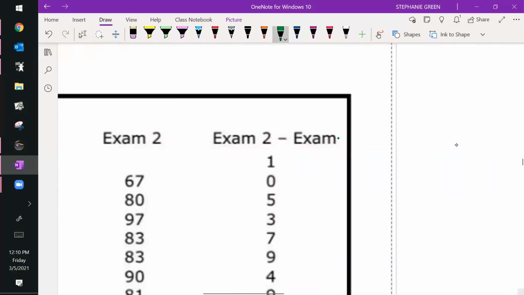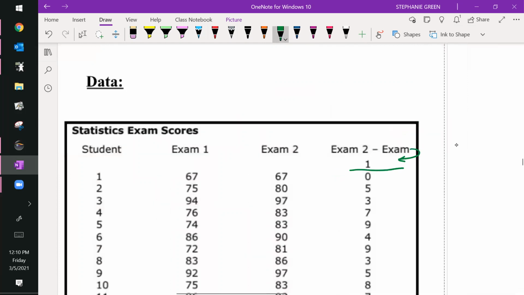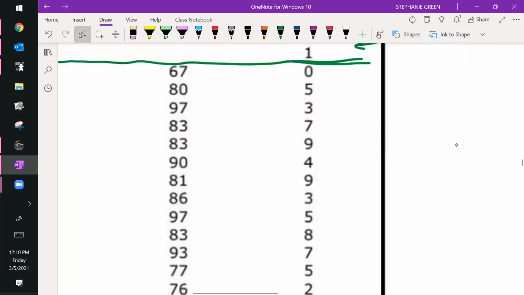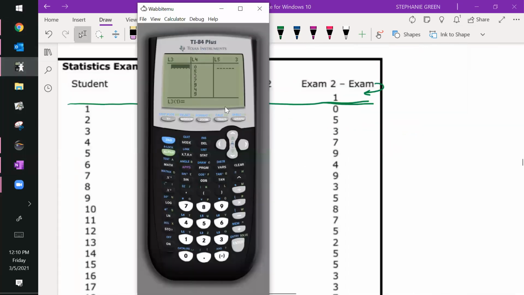It's exam 2 minus exam 1. That's not a data point, and that got a little confusing. What tipped me off was the fact that there is no corresponding data for that one. So we start with 0, not with the 1, to get those 24 pieces. And again, they gave me those differences, so I just put them in there just like that.